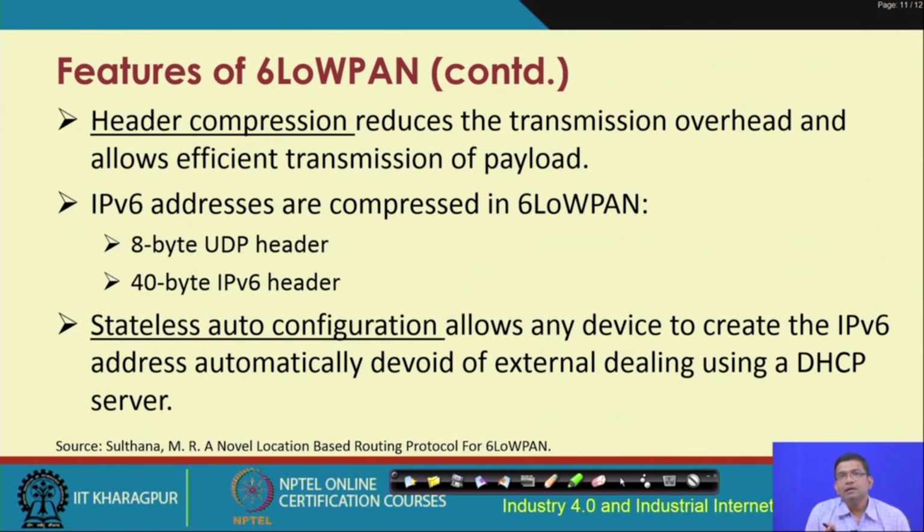Here it is stateless. Unlike DHCP, what is used is something similar to SLAAC, stateless auto configuration. So, this SLAAC protocol is used in contrast to DHCP. DHCP is not used in 6LoWPAN.